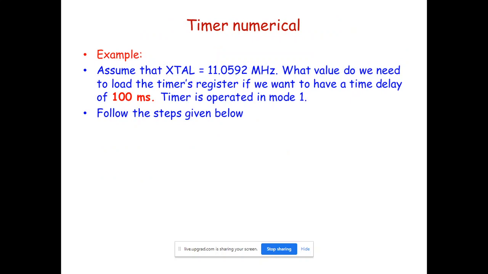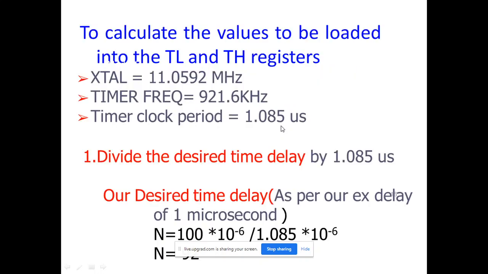Now we want to calculate the numerical value to place into TH0 and TL0, as per the problem statement. My problem statement is to generate a time delay of 100 millisecond. My crystal frequency is 11.0592 megahertz. We already know this problem statement, but I am just recalling it. According to that crystal frequency, I calculate the timer frequency, crystal frequency divided by 12, which comes to 921.6 kilohertz.